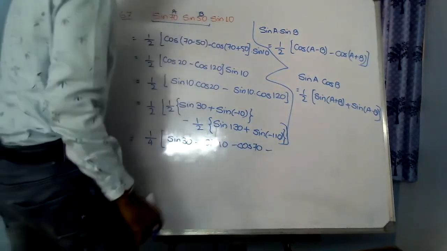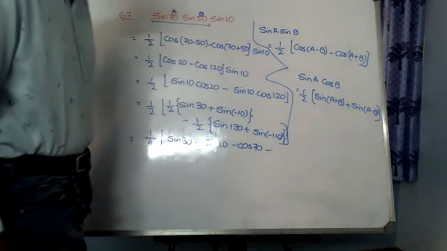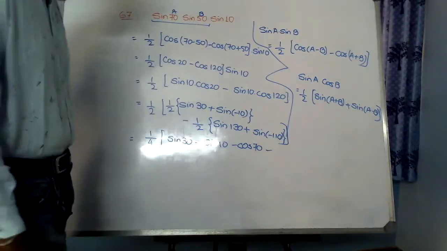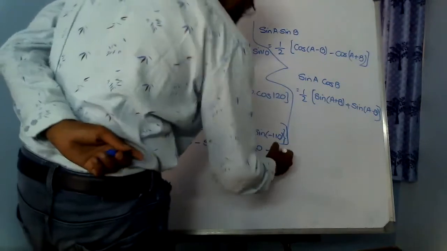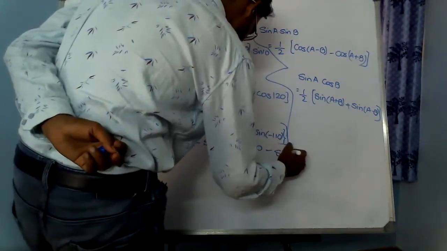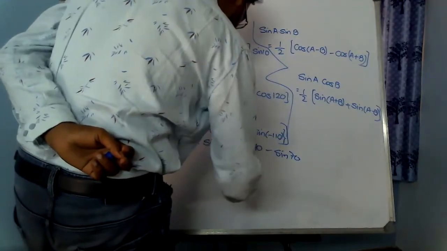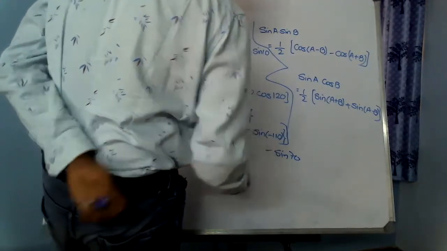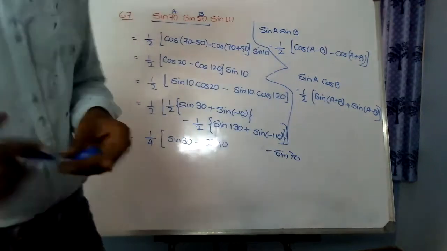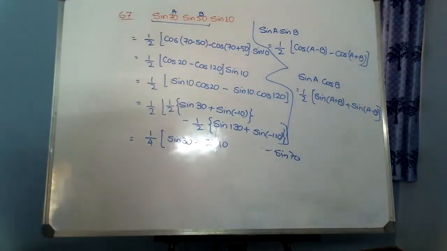And sine minus 110 is minus sine 110, and sine 110 is sine 70, so I can write it as minus sine 70. This also, if I convert, I can do the conversion here.